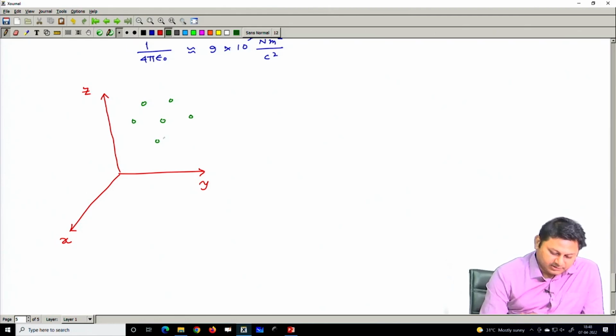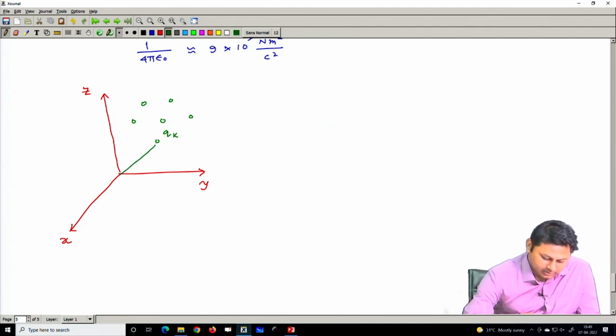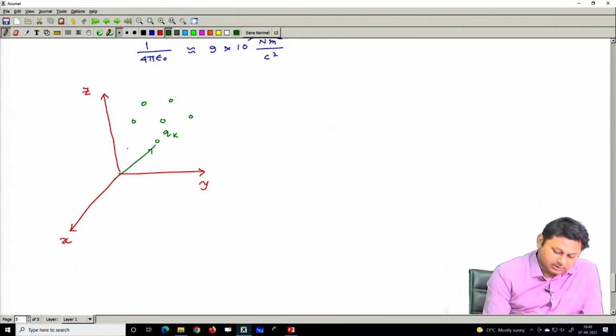So suppose this is my q k, and from here to here the distance is r k, this is my source charge, and my test charge is sitting somewhere here, q.